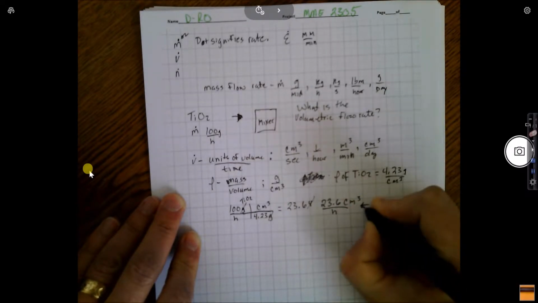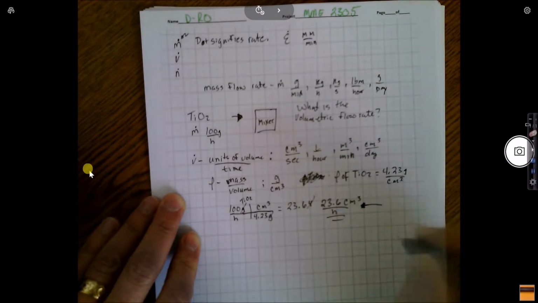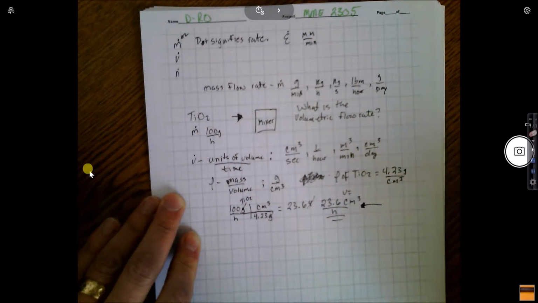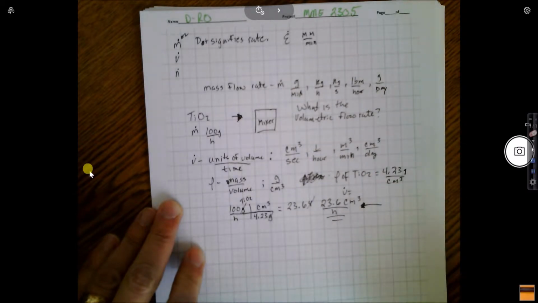And always, when you do some sort of calculation, note where your answer is. I probably should have put equals V dot, but here we'll just put it up there for good bookkeeping. So we have our volumetric flow rate now of 23.6 centimeters cubed per hour.